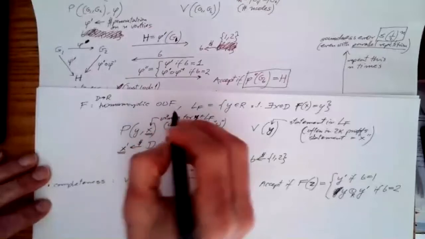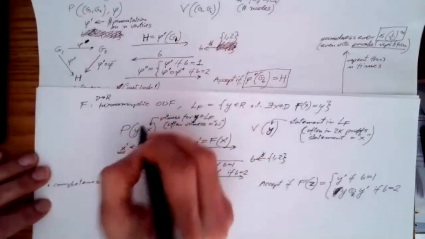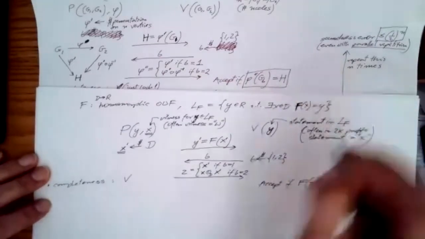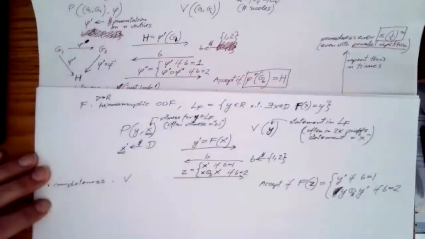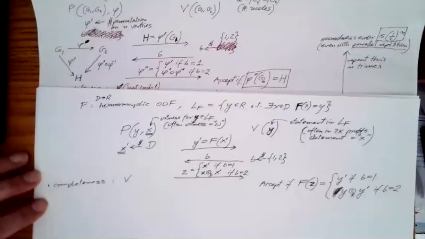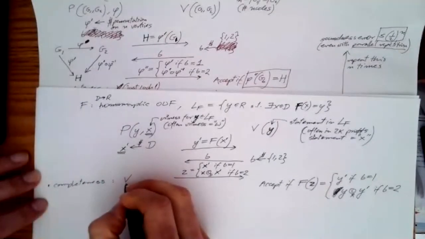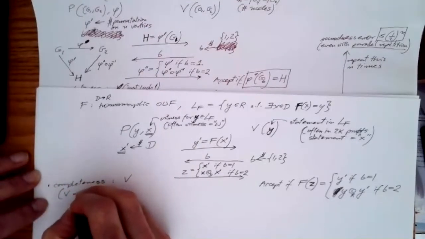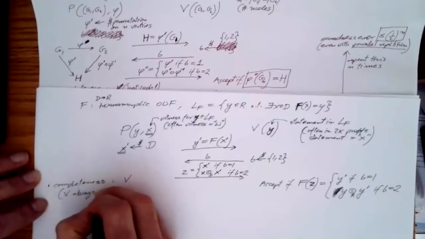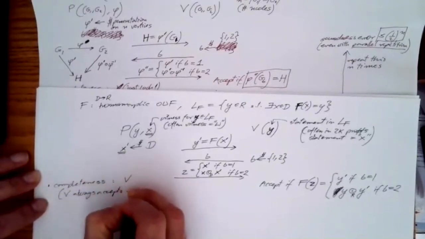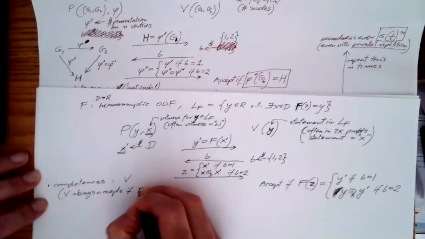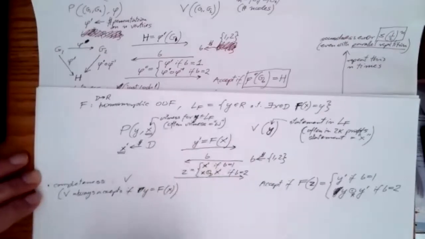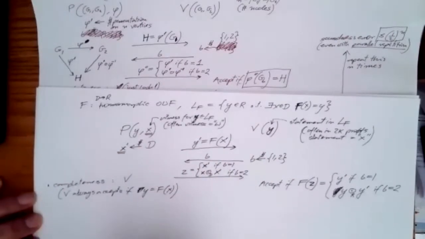So the assumption here was that f of x is equal to y, right? That holds. So the verifier always accepts if y is indeed f of x, and if the prover follows the protocol.